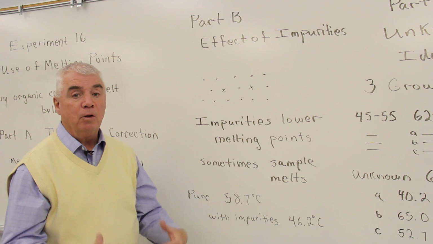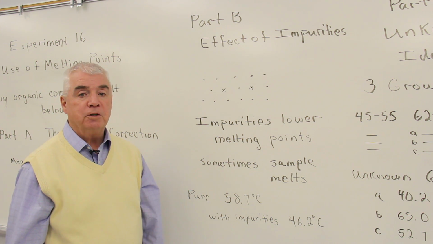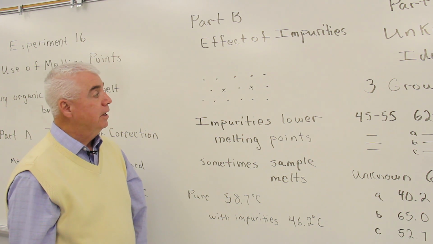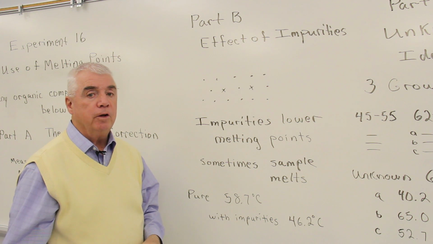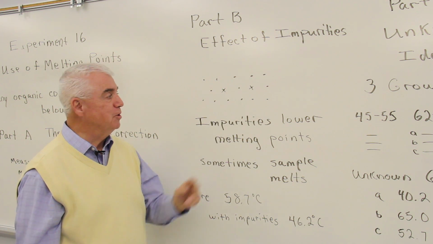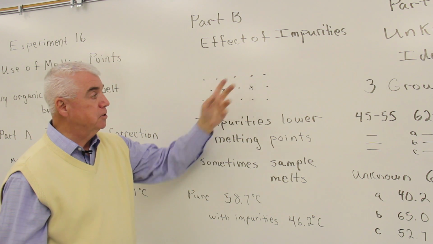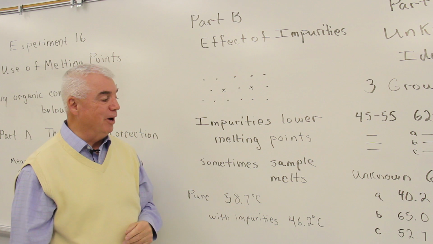When it melts, there's enough energy that these attractive forces are being broken down. If we introduce some impurities, represented by X's here, maybe the attractive forces now are less between those dots, and this impurity would lower the melting point.